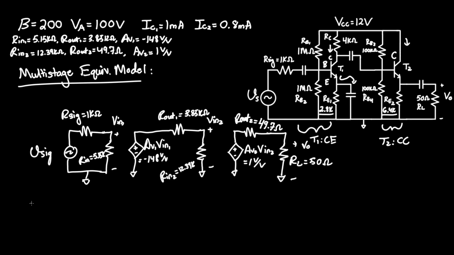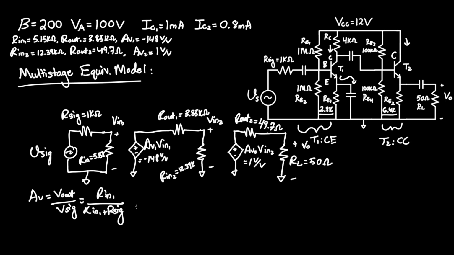Keeping all this in mind, we know that AV final of the total circuit equals V-out over V-sig, which is equal to the following: R-in1 over R-in1 plus R-sig. Since this is the potential being amplified, we are effectively doing the voltage division of these two resistors.